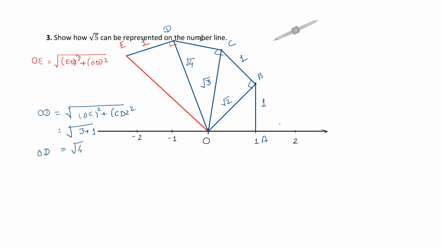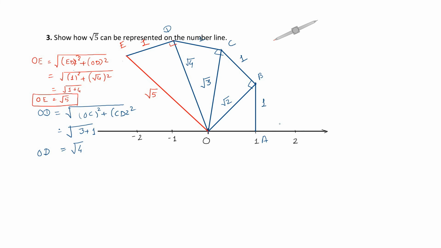ED is the unit length, so 1 square, plus OD. The length of OD is square root of 4, so its square is 4. So it's 1 plus 4. Hence OE is equal to the square root of 5.